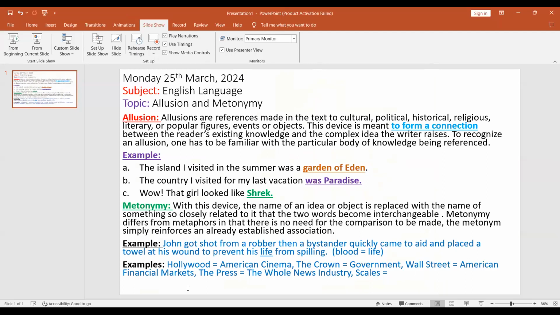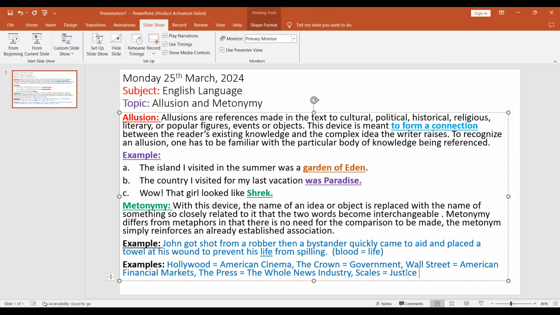So that same word scales has been synonymous now with judgment and judges and the judicial system. The whole concept of judgment, justice and judicial system and balancing the weight of evidence is meant by the term scales. It's crazy, right? So the scales represents what? The justice system, okay?